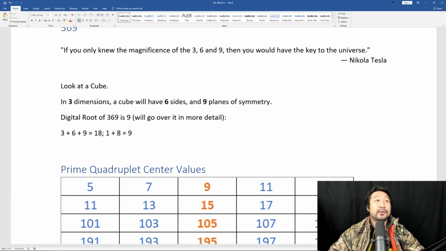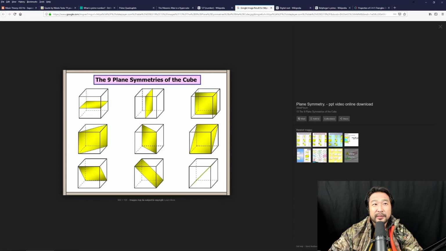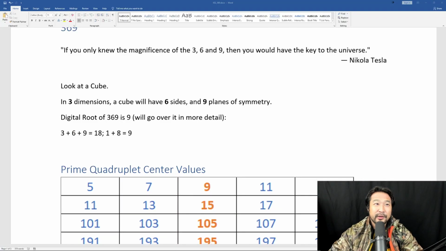So you can see what 9 planes of symmetry is. The 9 plane symmetries of the cube. You can do it for yourself and figure out how we get 9 planes. So there we go. We've got 3, 6, and 9 just from the cube.